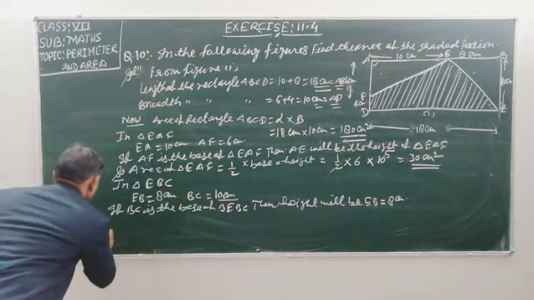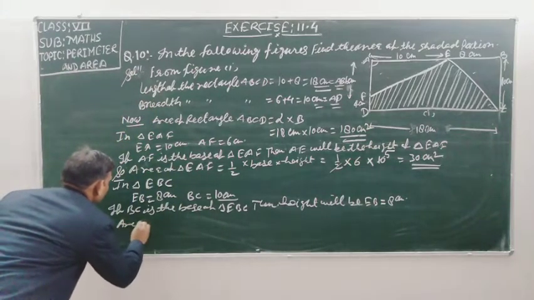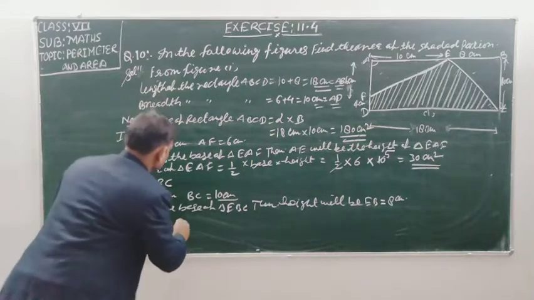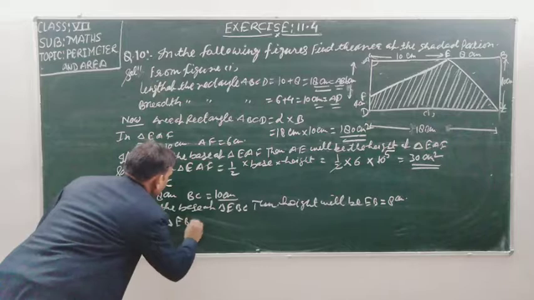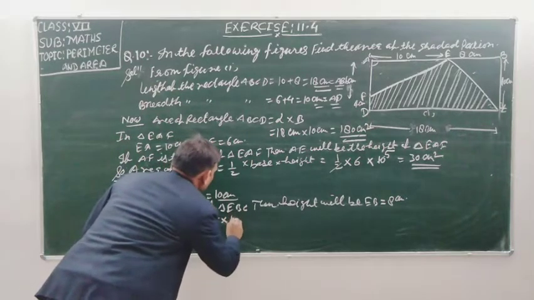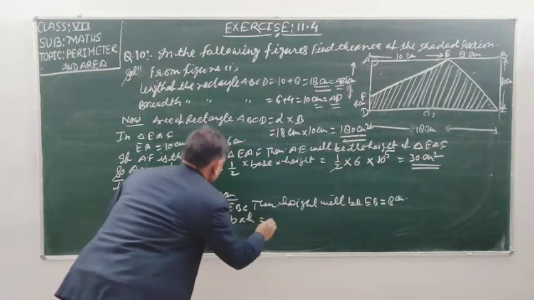So the area of triangle EBC is equal to the same formula we use here, 1/2 base into height.